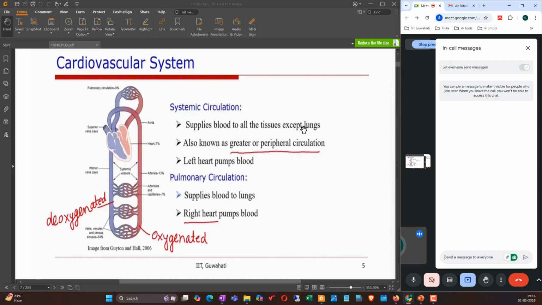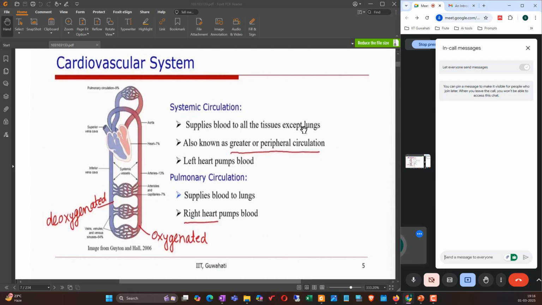And systemic supplies the blood to all the tissues except the lung. It is also known as greater or peripheral circulation. It is the greater one because most of the organs are being supplied. The left heart is working over here, right?